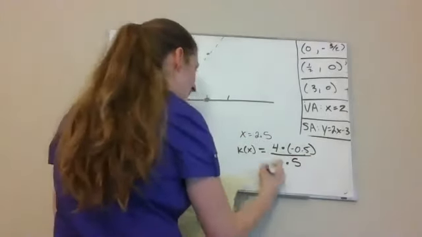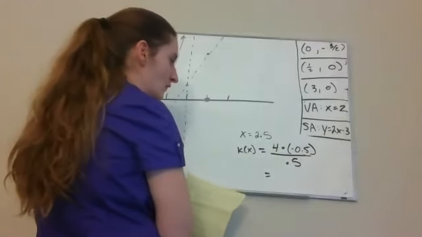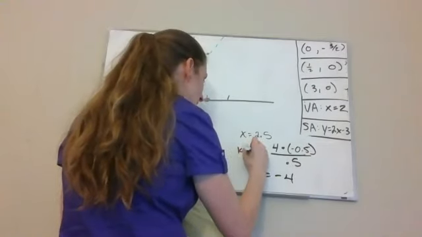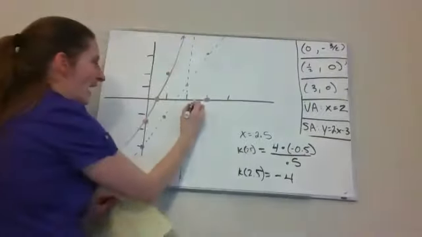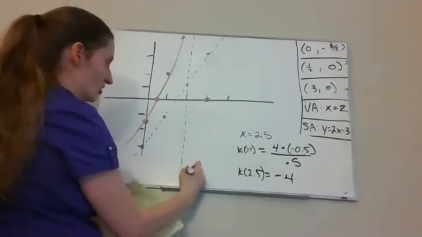So I get 4 times -1/2 is -2, divided by 1/2, I get -4. So I have a point at 2.5, -4, which would be down here-ish.